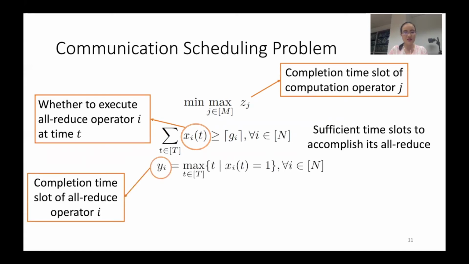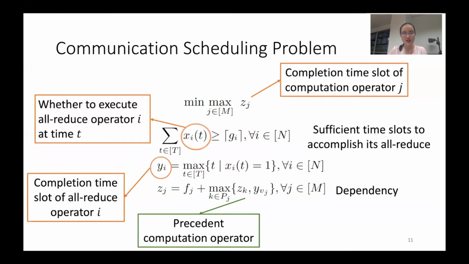The second constraint is the completion time slot of the all-reduce operator I, and here, y is represented by our scheduling decisions x. The third constraint is the DAG dependency, and here, the completion time of the computation operator J depends on both its precedent computation operator and also its all-reduce operator.